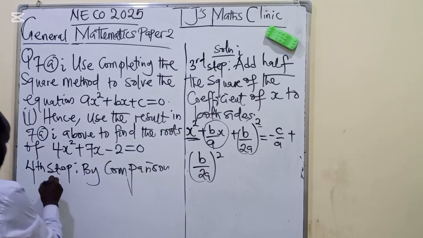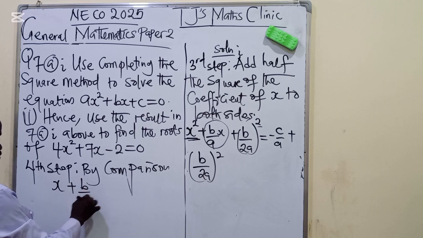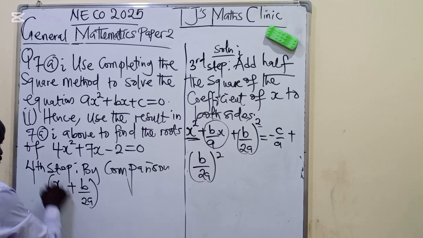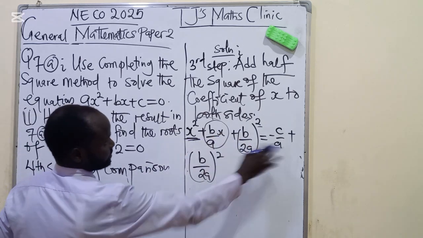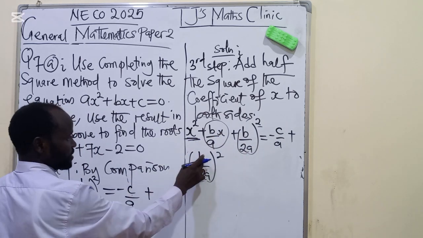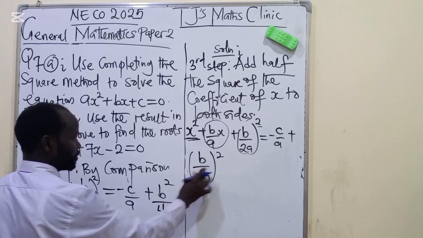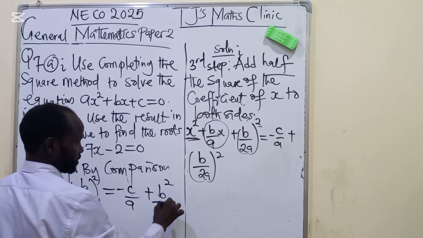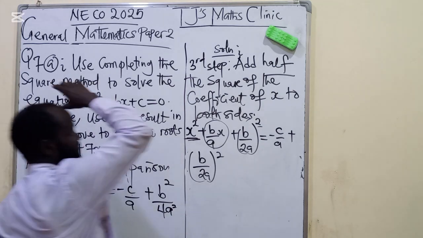We square it. So it will be x plus b divided by 2a all squared will be equals to, we work on this, we have minus c divided by a plus b squared, 2 squared is 4, a squared is a squared. So this is what we are going to have. This is now step 4.